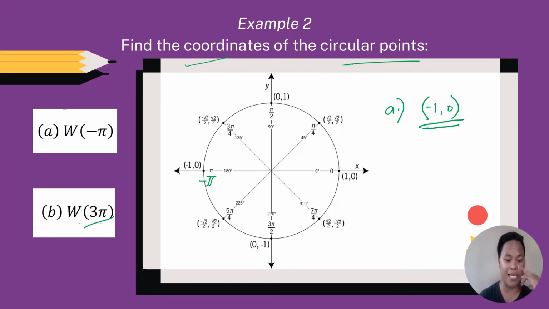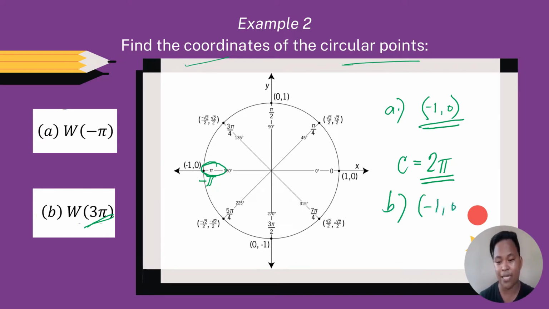For letter B, we're going to find the coordinates of 3 pi, and the circumference of this unit circle is equal to 2 pi, and 3 pi is pi greater than 2 pi. So 3 pi is here also, and its coordinates are (-1, 0).